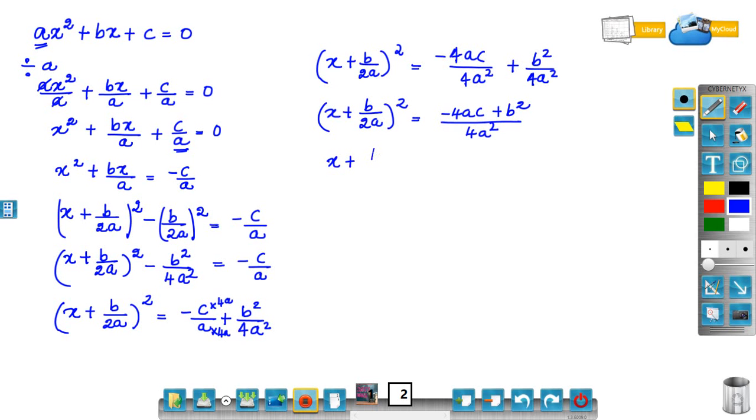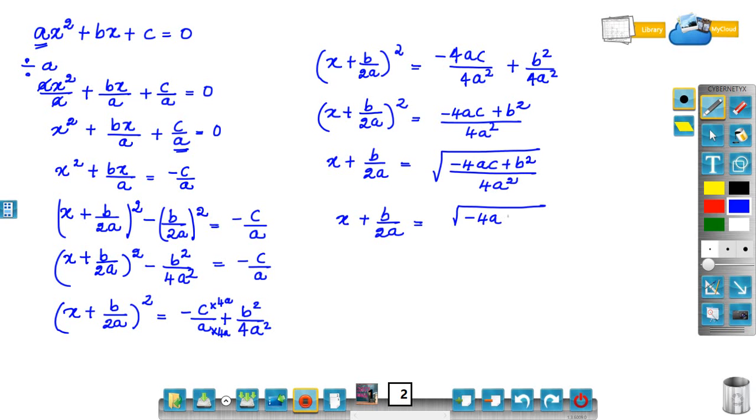Therefore, x plus b by 2a is equal to square root of minus 4ac plus b square divided by 4a square. Now, x plus b by 2a is equal to square root of minus 4ac plus b square divided by square root of 4a square, the square root of 4 is 2, the square root of a square is a.